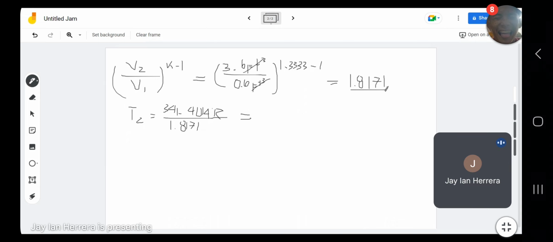So 187.8804. Okay. So we can say that T2 natin, small t, is equivalent to, kung minus 460 natin yan, that is negative 27 Fahrenheit.